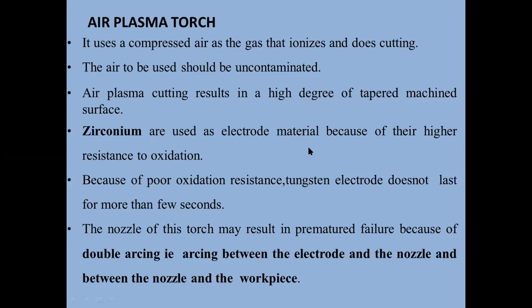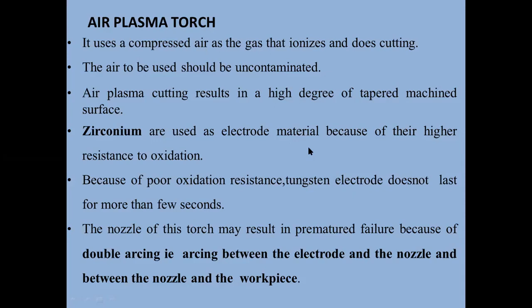That is premature failure because of double arcing. Generally, in the formation of the arc, there is an initial pilot ignition between the nozzle and the electrode, and then that arc is transferred in a loop through the nozzle onto the workpiece. Here, double arcs are formed, so the nozzle fails prematurely.